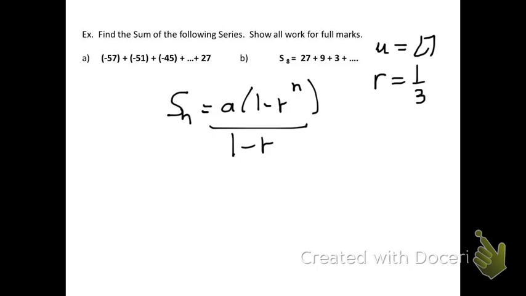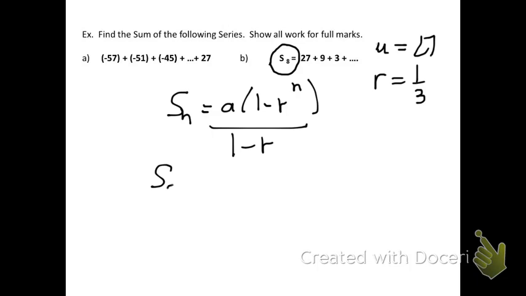Again, do we know the number of terms in the series? We do, because it's asking us up here to find the sum of this series, and the subscript tells us how many terms there are, so summing the first 8 terms.